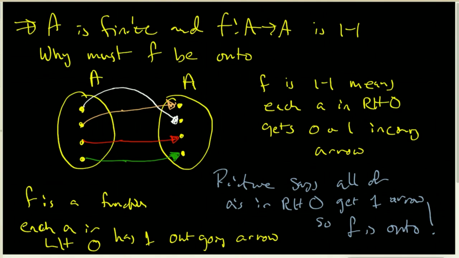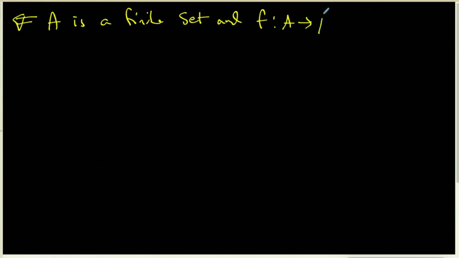And now if we look at the picture going the other way, we see a similar kind of argument. So I now want to look at the backwards direction, where A is a finite set, and f goes from A to A is onto, and I want to force f to be 1-to-1.